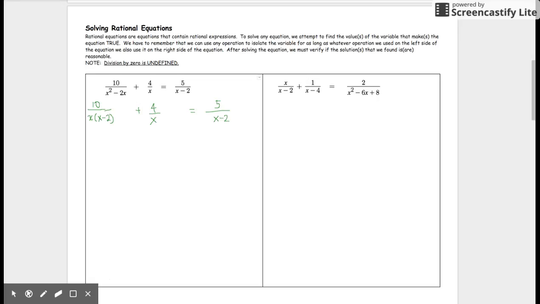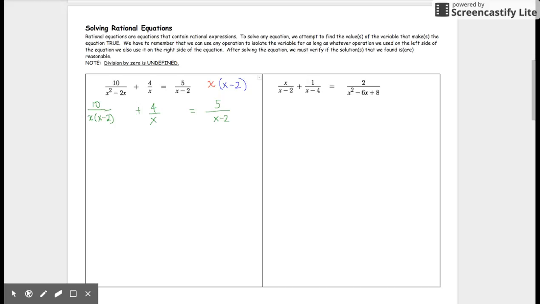Now we put the denominators in factored form so that we can see the distinct factors present in all the denominators. And we notice that there are two different factors: one of them is x, and the other factor is x minus 2. These are the only factors that we find in the denominators.